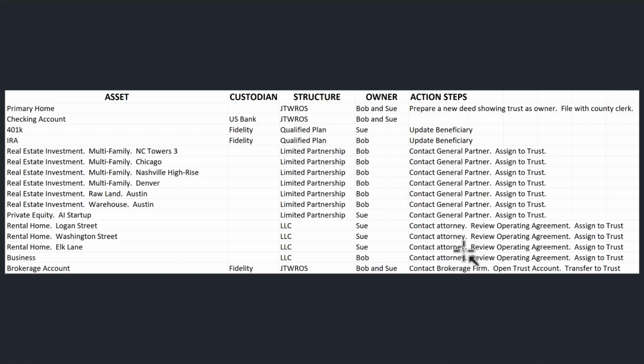You may need to get the approval of your partners, for example. But just know that when you have LLC units, you're going to need to contact your attorney, review your operating agreement, and just make sure that you can assign those interests over to the trust without any issues.